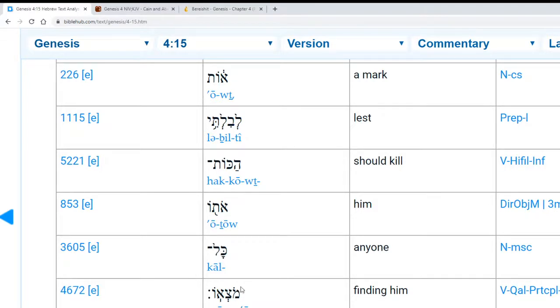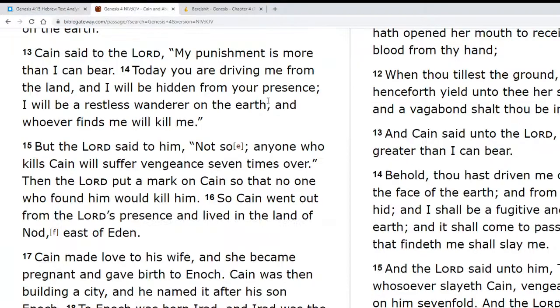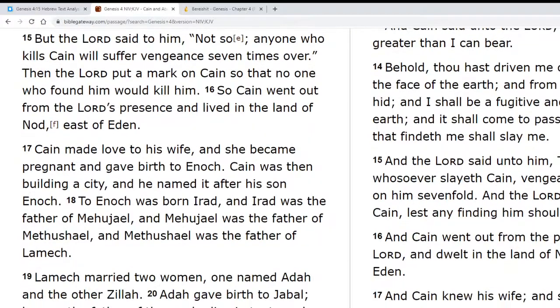The other version would be to say that the first letter is actually a hey, and means to, yeah. No, motzo makes sense. To find.